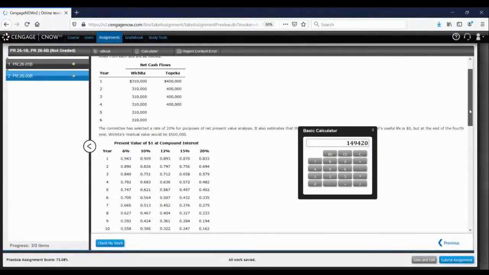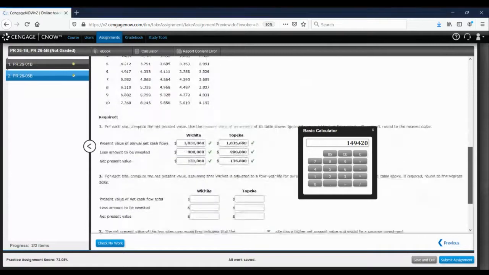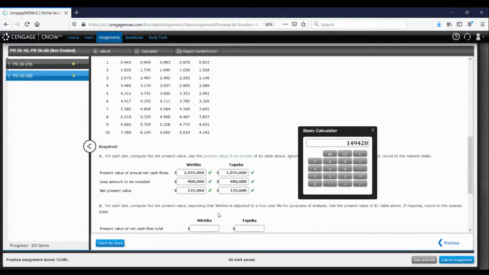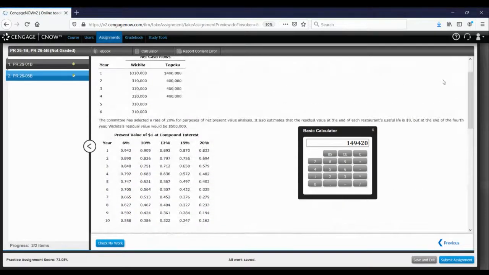Now, because we are working on part 2, you'll remember it said to adjust the Wichita location to a 4-year life. And we have found the present value for each one of the 4 years.